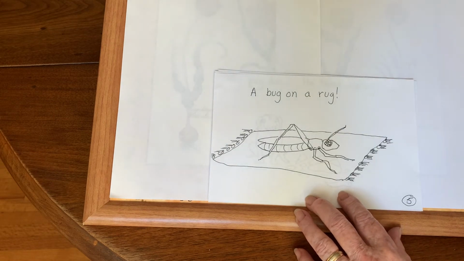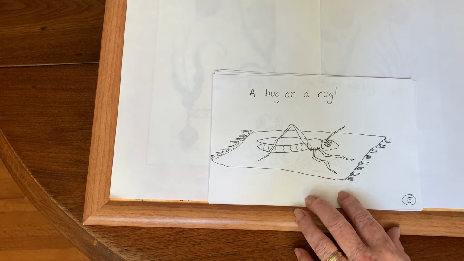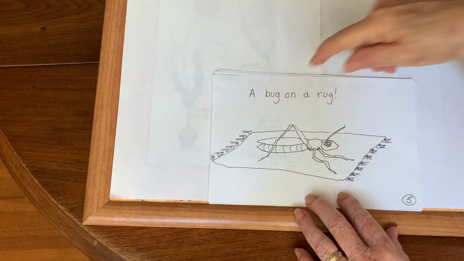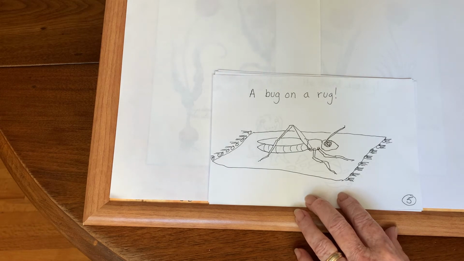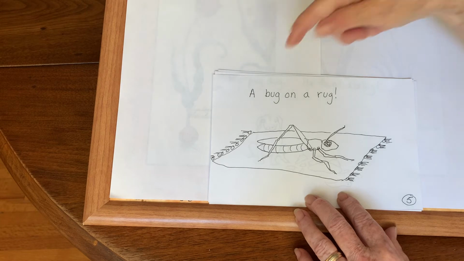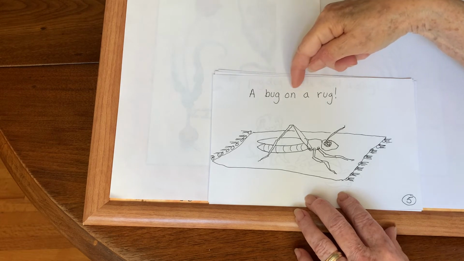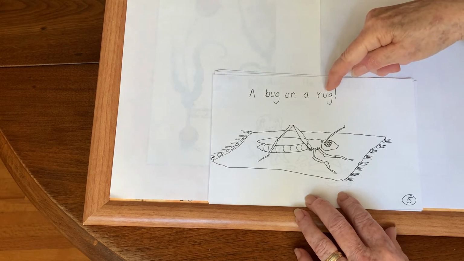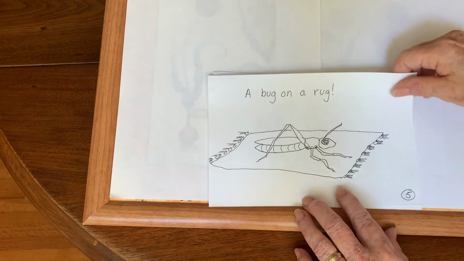And then I've written a little story for you about an insect or bug. And you spell bug B-U-G. That U-G sound makes the ugh. So a bug on a rug.